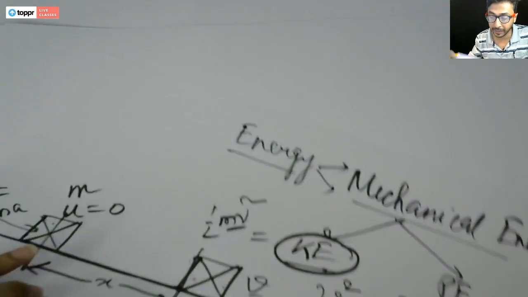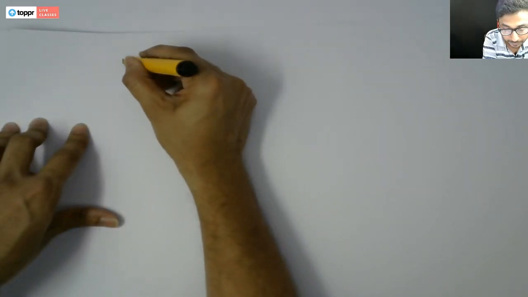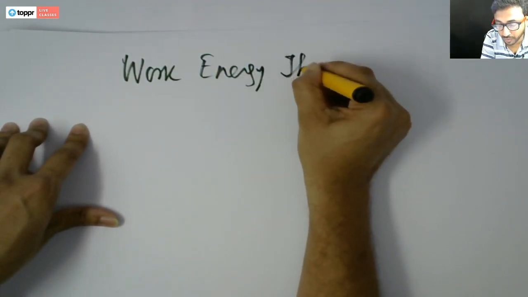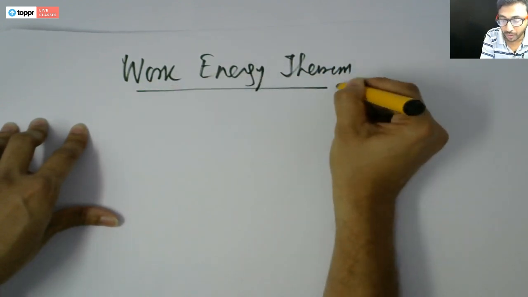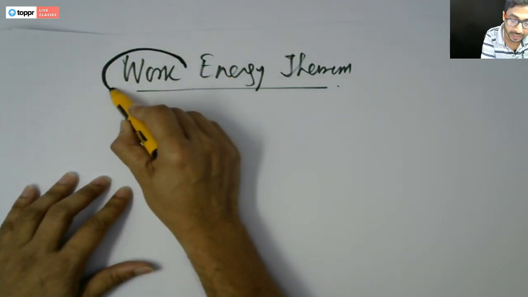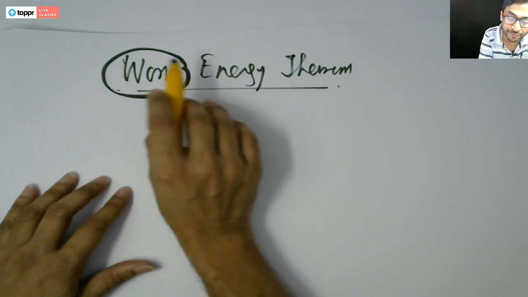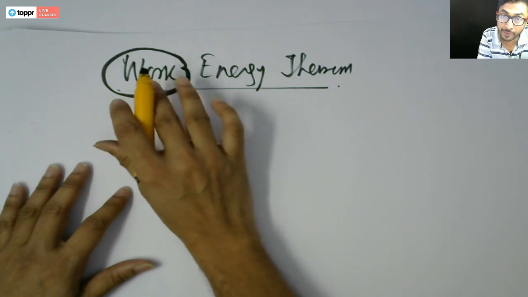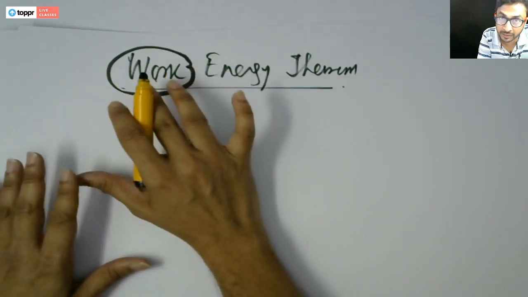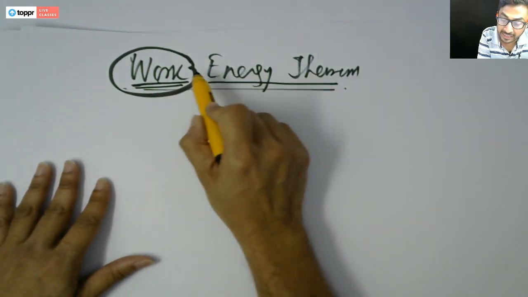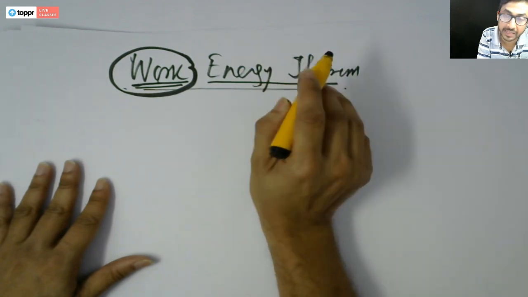We can relate this into another important concept called the Work-Energy Theorem, which says that work done by all forces, conservative, non-conservative, everything, if there is no loss occurred during the work, the whole of the work done gets converted into the kinetic energy of the body.